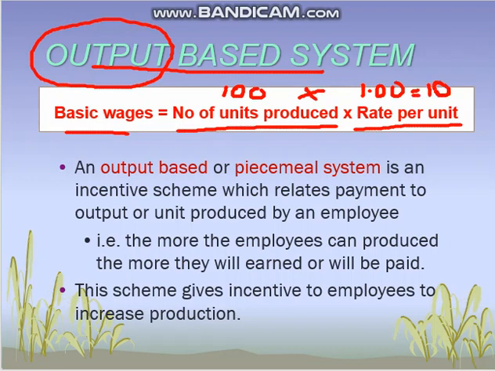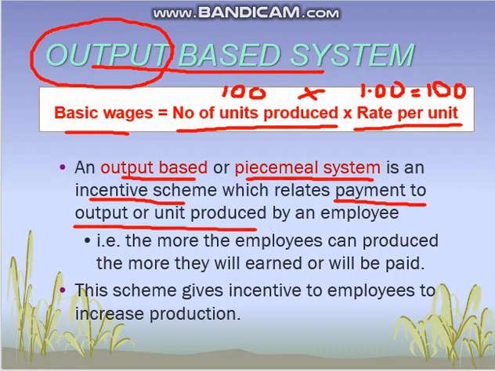Alright, so here the output based or piecemeal system or piece rate system is the incentive scheme where the payment is based on the output or units produced. So how much the employee produces, we have to times with the rate. As it is stated here, the more the employees produce, the more they will earn.